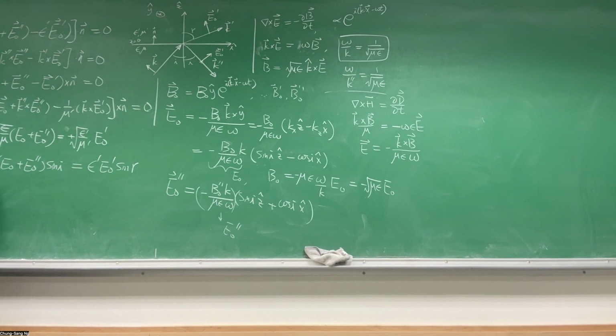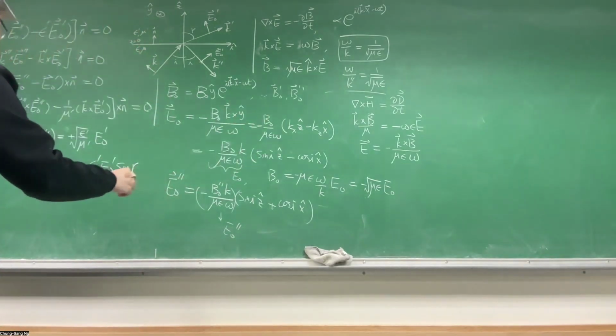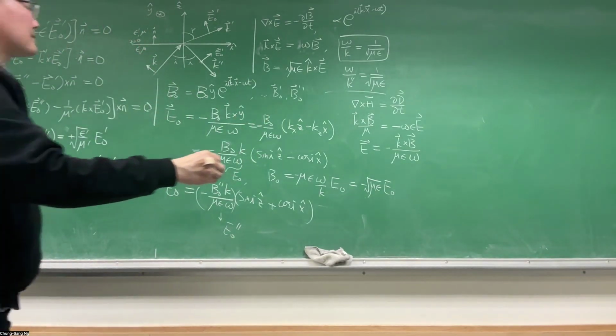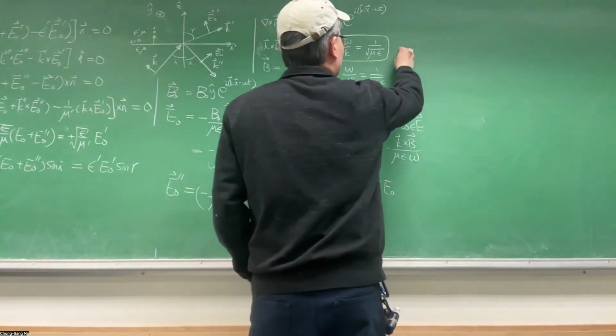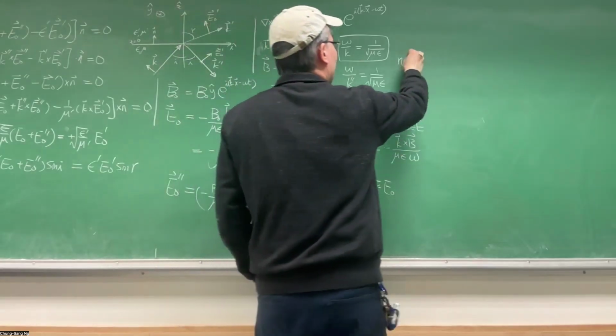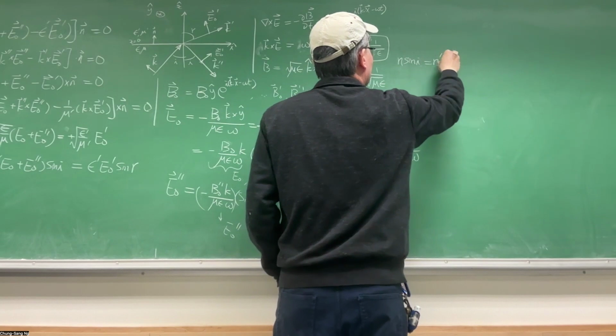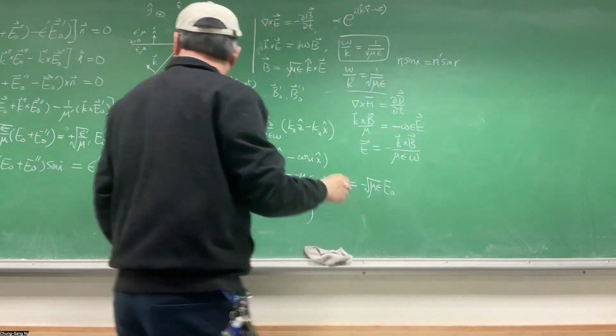We have Snell's law. Snell's law is n sine I equals n prime sine R, right?